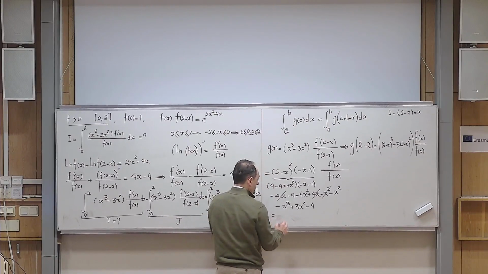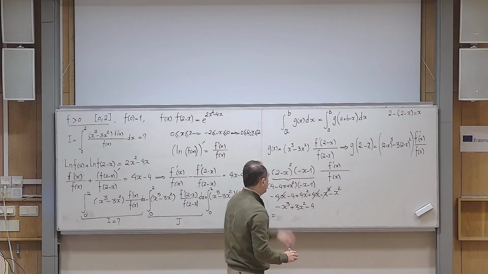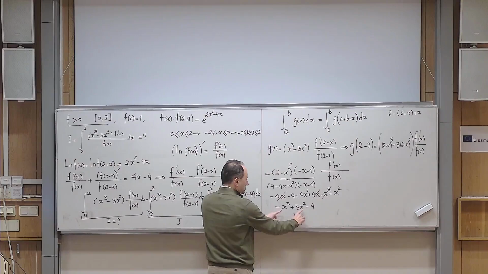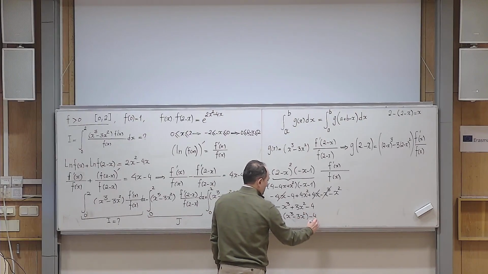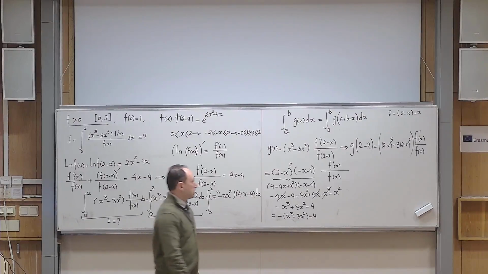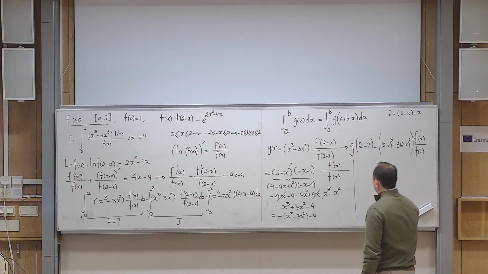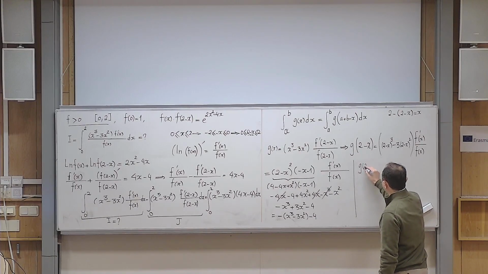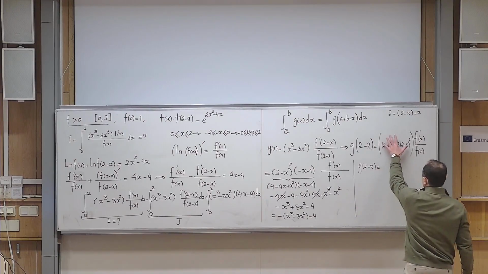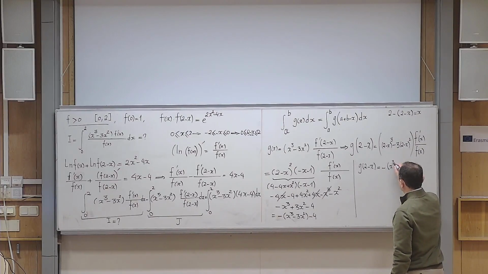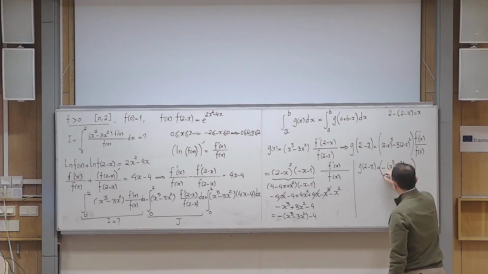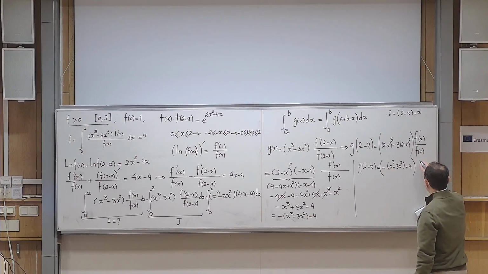And here, because my intention is to make this combination appear, I am lucky. Between these two, I factor a minus sign out. And then let's keep minus 4 there. Okay, so now the bottom line is what? The bottom line is that g of 2 minus x is indeed equal to this combination, which can be written in this form: minus 4, but multiplied by that combination, f prime of x over f of x.